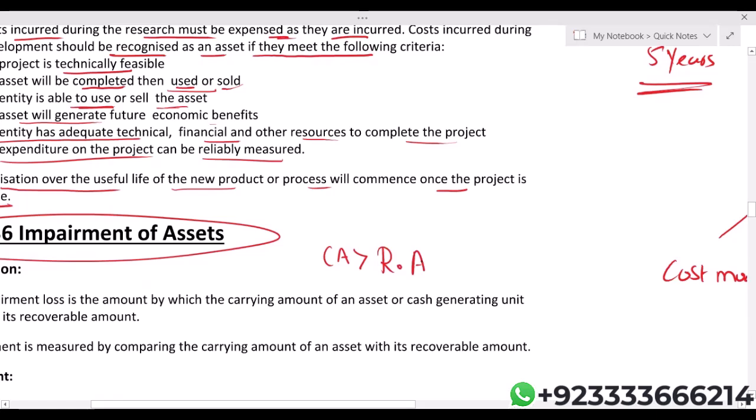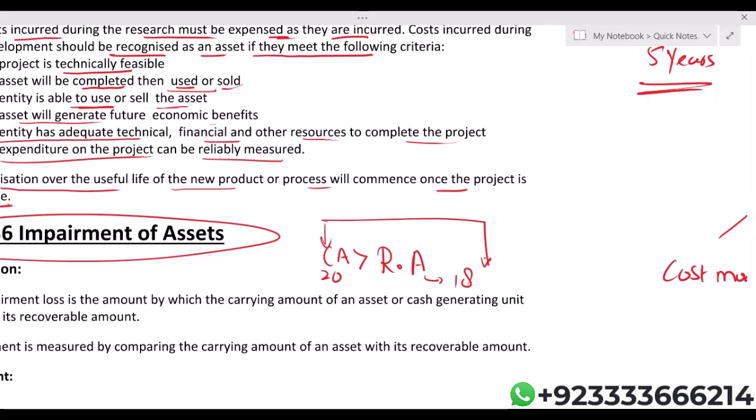Repeat. The objective of IAS 36 is that the carrying amount of the asset should not exceed the recoverable amount. If, let's say, the carrying amount is 20 million and assuming the recoverable amount is 18, then you should be prepared to recognize an impairment loss of 2 million. According to IAS 36, carrying amount means the amount which is written in the SOFP.